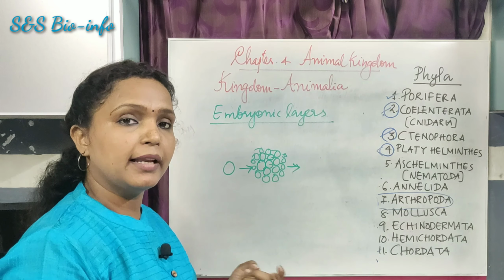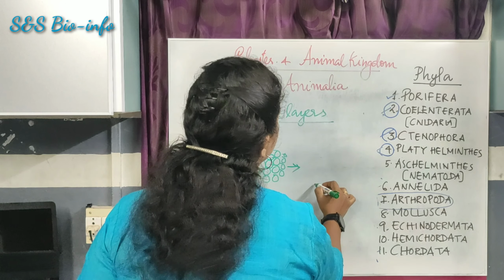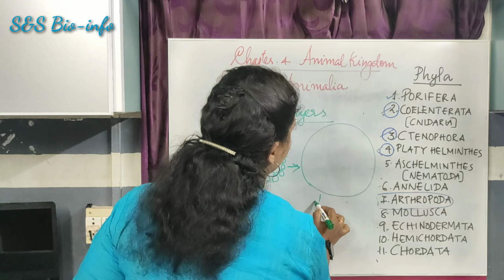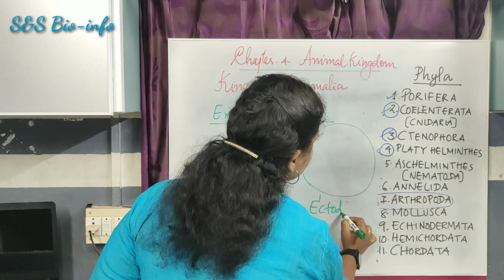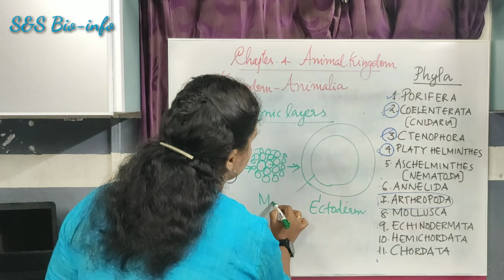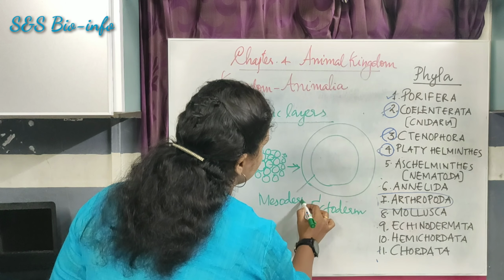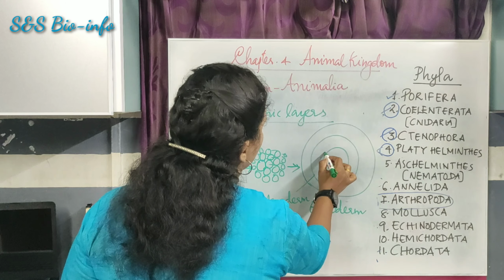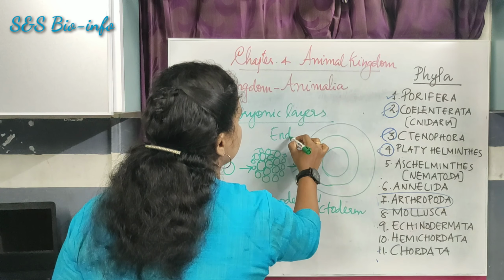Those three germ layers are the outer ectoderm, the middle mesoderm, and the innermost endoderm.